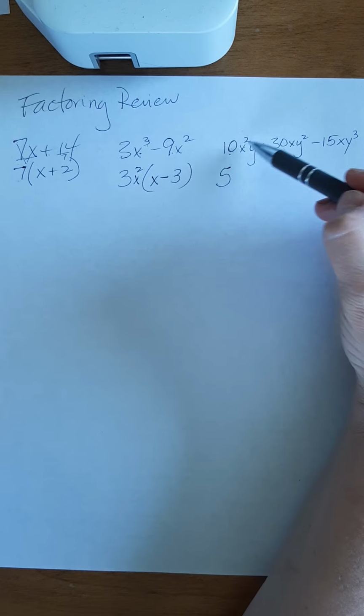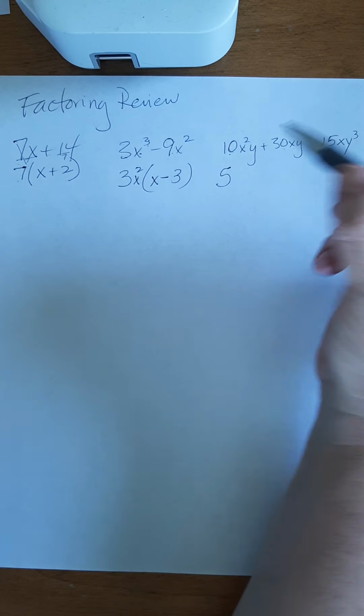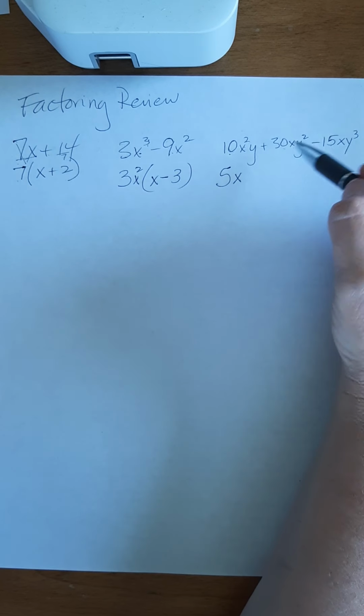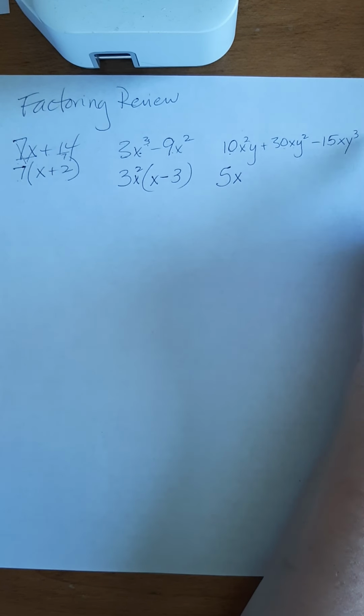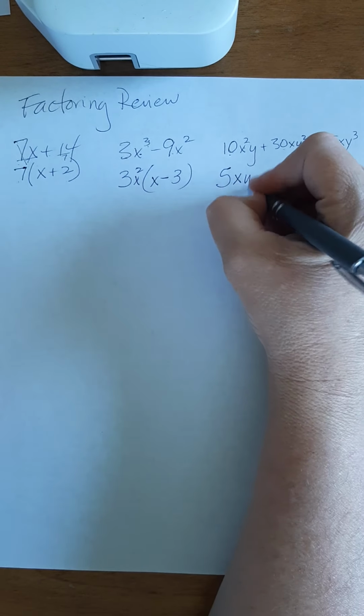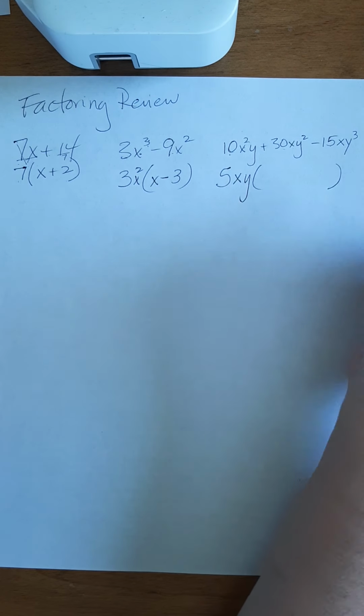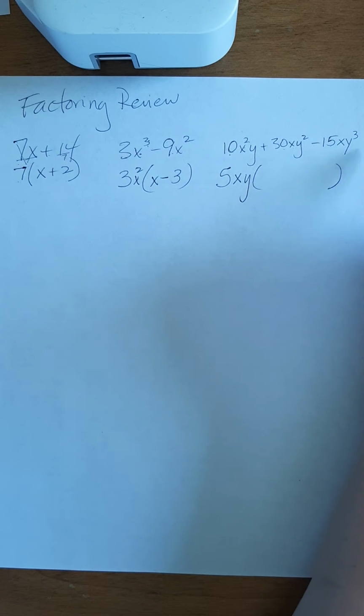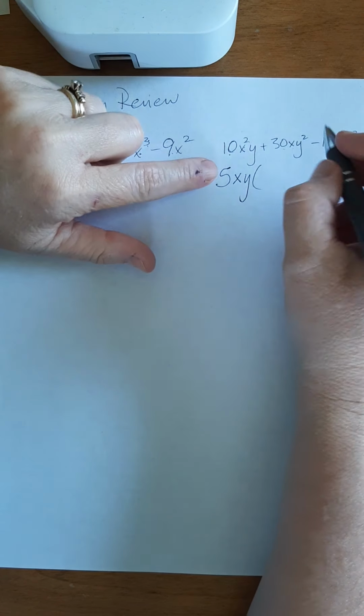Then you've got 2x's, 1x, 1x, so smallest number of them, 1x, 1y, 2y's, 3y's, so smallest number, 1y. So you're going to literally divide this into each of them to get your answer.